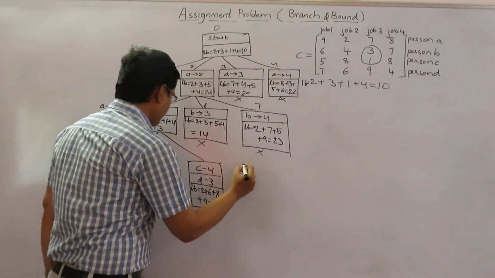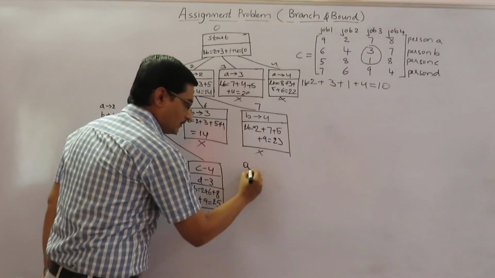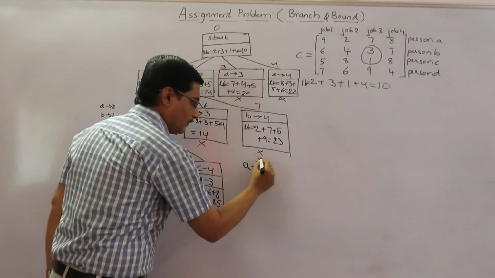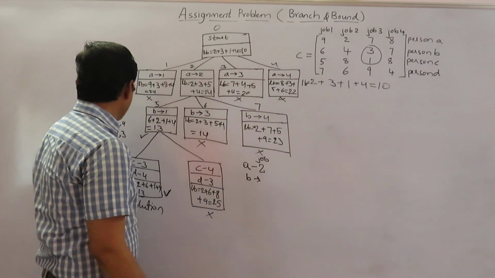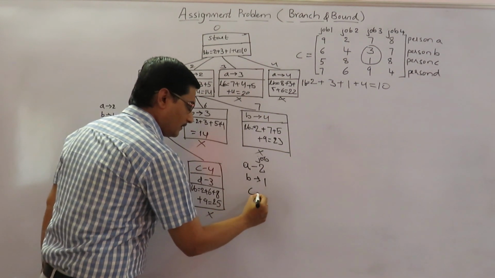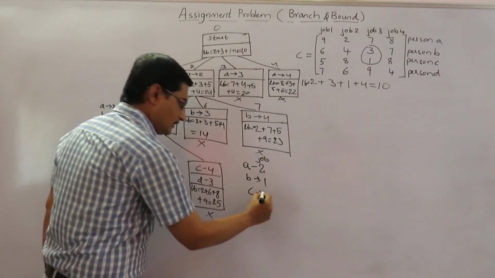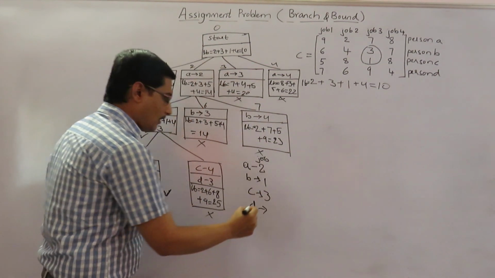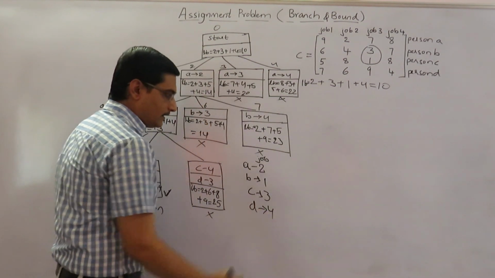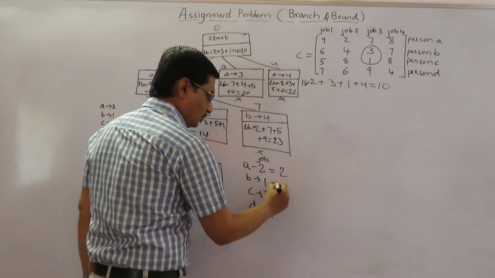That is, we have assigned second job to person A. To person B, we have assigned job 1. We have assigned job 3 to person C. We have assigned job 4 to person D. So what is the cost of this? 2.